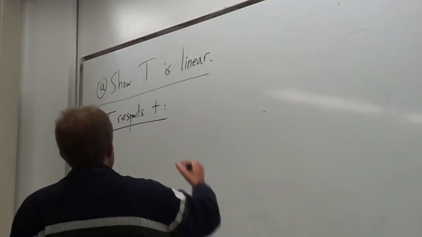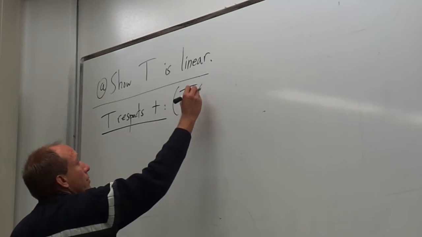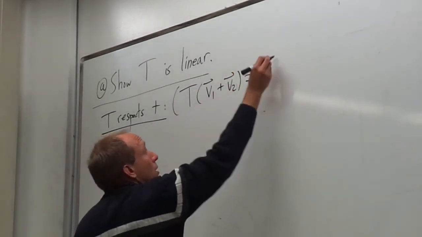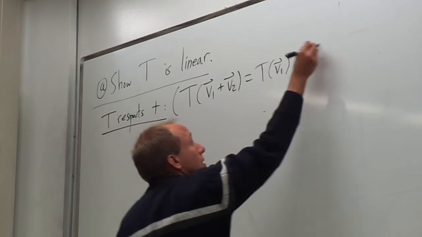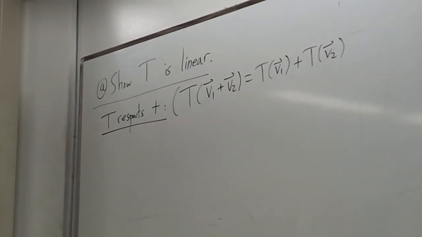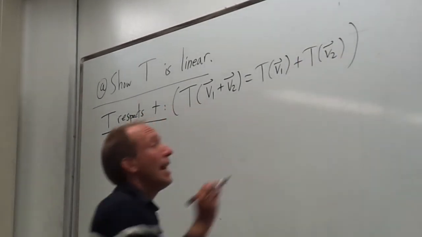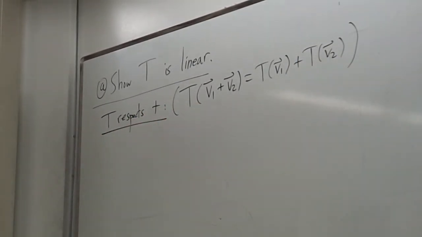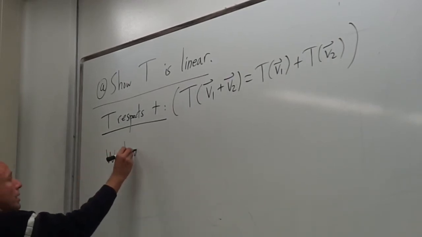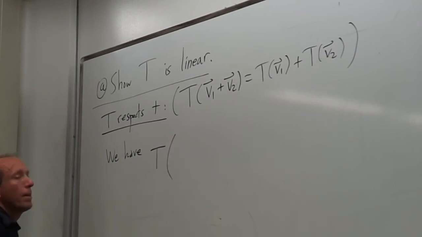Remember what this really means is that T of V1 plus V2 equals T of V1 plus T of V2. This is the property that we were looking at. So in order to check that, I need two 2 by 2 matrices.